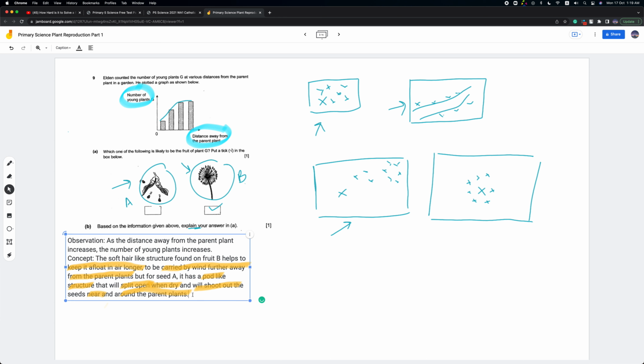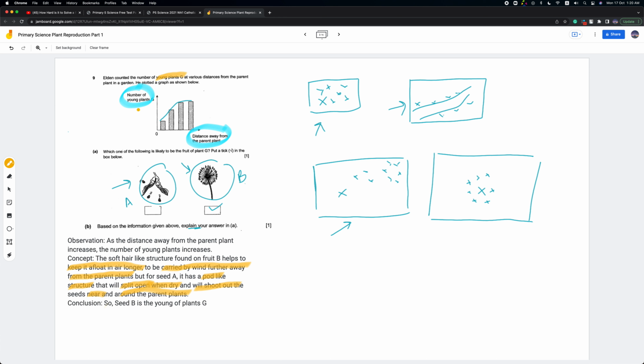Okay, so how do we finish the conclusion? For the conclusion, so seed B is the young of plant G. Where did I get this word? From the question, remember. There you go.